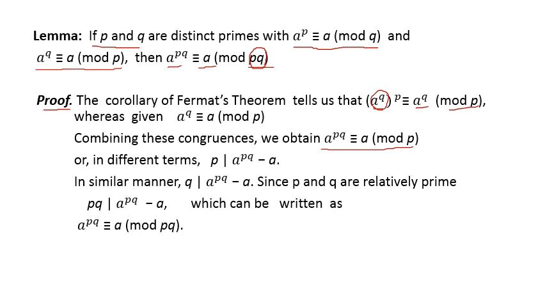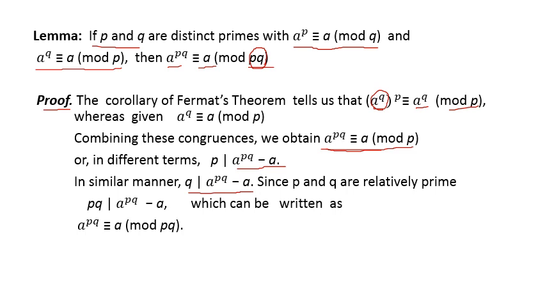The same thing I can also say: a^pq is congruent to a mod q also. Now I will explore the definition here. This means p will divide a^pq minus a. In the same way I can prove that q also will divide a^pq minus a.